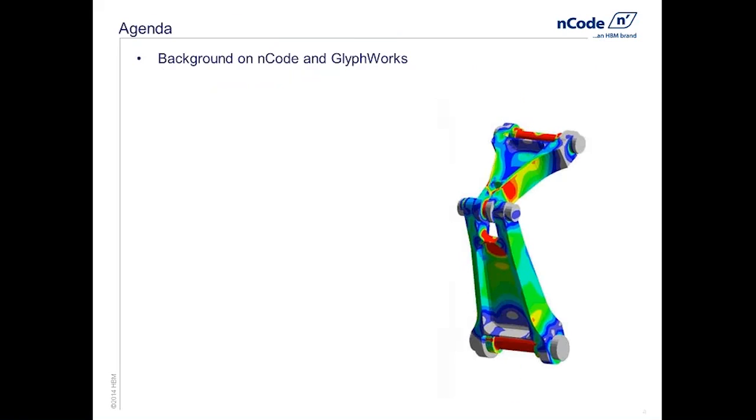So this is our agenda for the next 30 minutes or so. I'll start by giving a brief background on GlyphWorks, which I assume this audience is relatively familiar with, or at the very least has a working knowledge of. Then I'll talk in more detail about this concept I've already discussed a little bit, the idea of equivalent damage calculation.